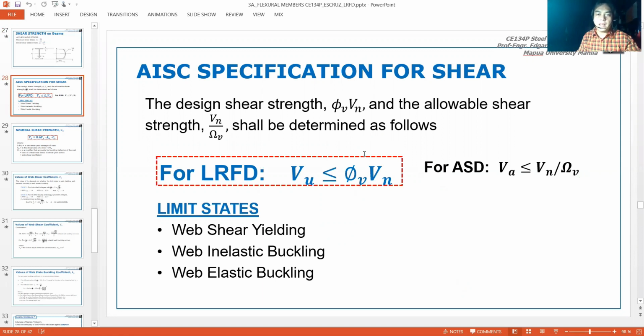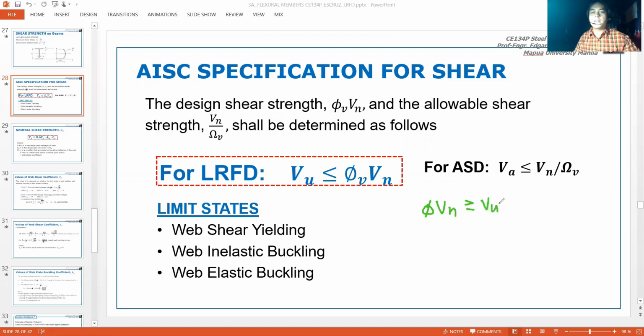As per LRFD, the Vu should be less than or equal to the Phi Vn. Same lang din naman siya, yung design strength Phi Vn should be greater than or equal to Vu.